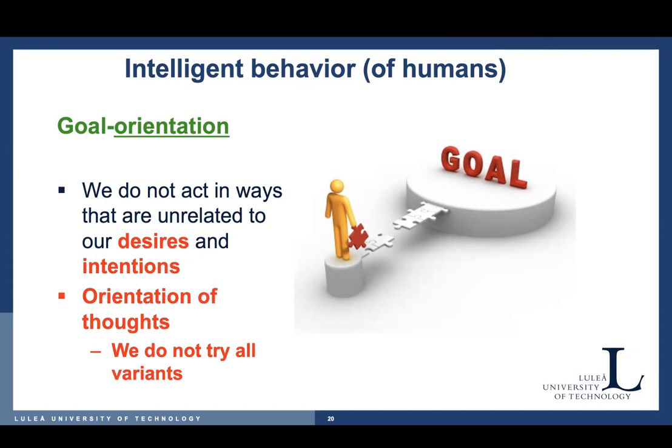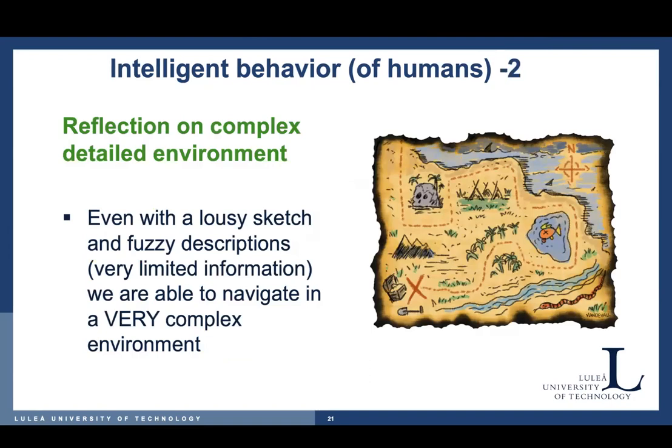And even when we try to achieve these goals, we do have an orientation of this intelligent process, call it thoughts, because we are not trying all the variants. So already now you can see that even this property has very complex functionality.